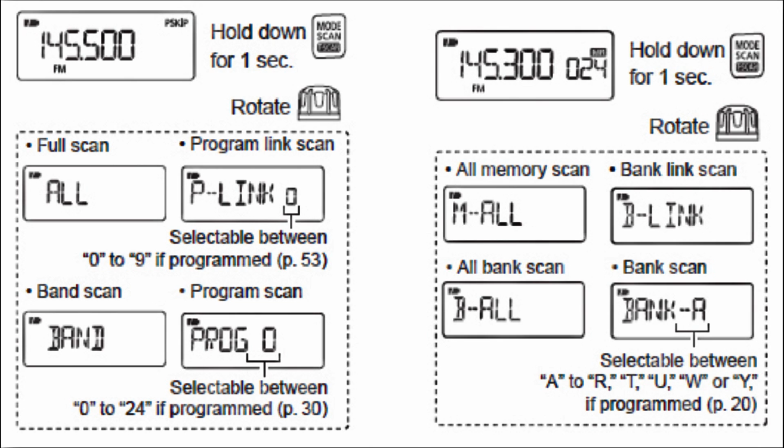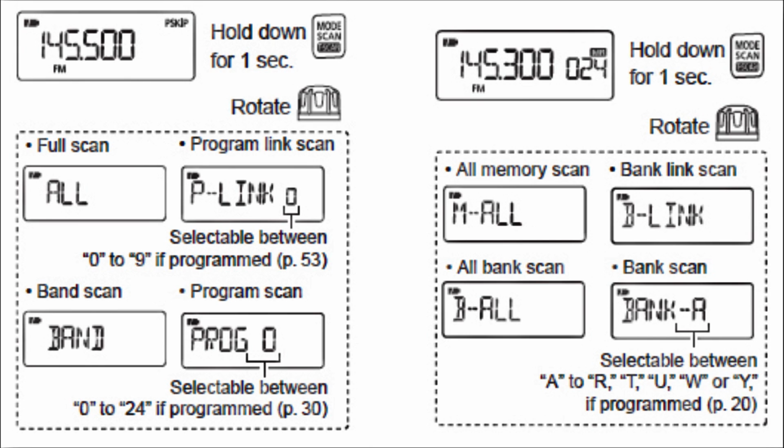With this view here, it was really confusing for me trying to figure out all the different scan options, but essentially when you look at this, the edge scans that you can do or the bank scans that you can do, if you look at the diagram on the left, that is an edge scan.